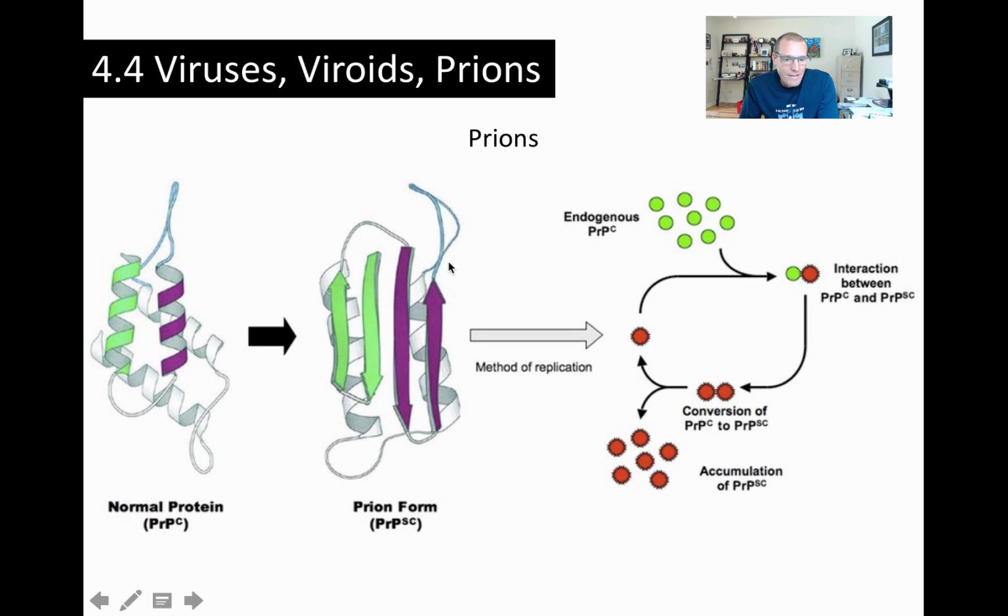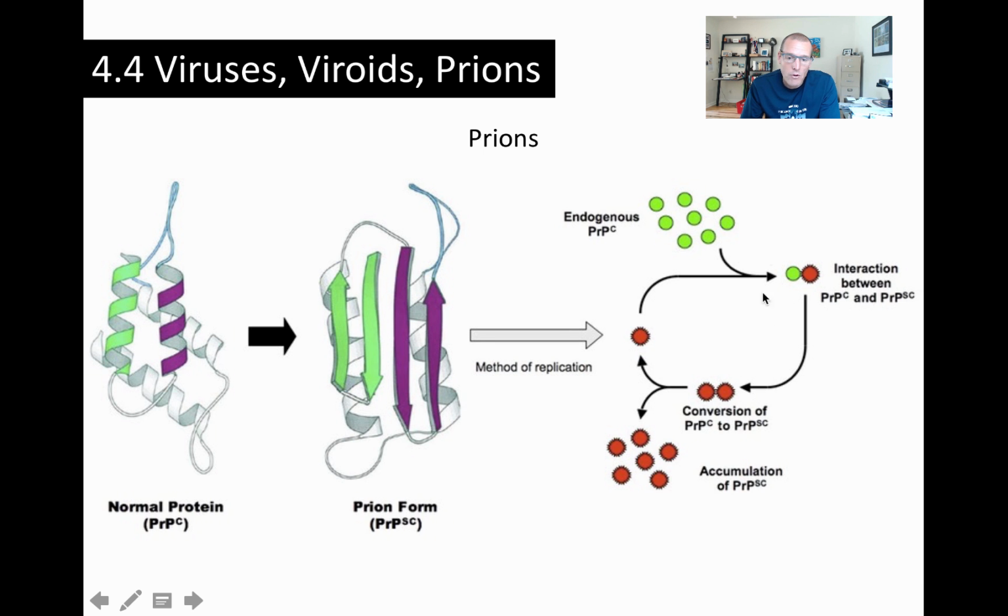These proteins then are able to drive the misfolding of more of the normal shaped proteins. So we have a few normal shaped proteins which become the scrapie form of the prion protein, and then these prion proteins in the scrapie form can bind with the normal protein.